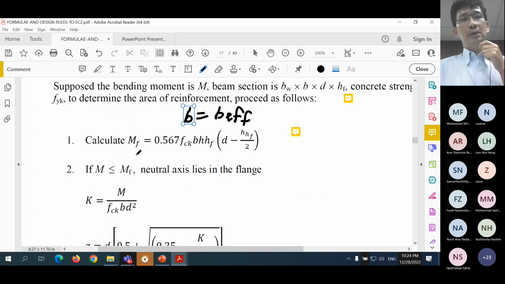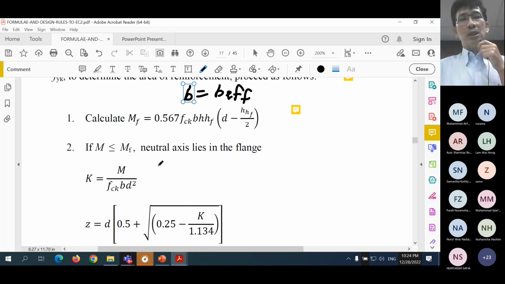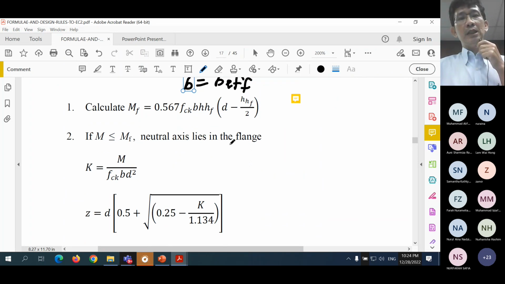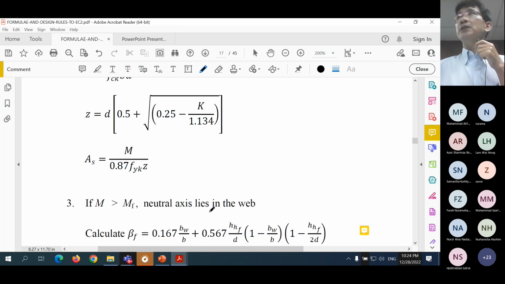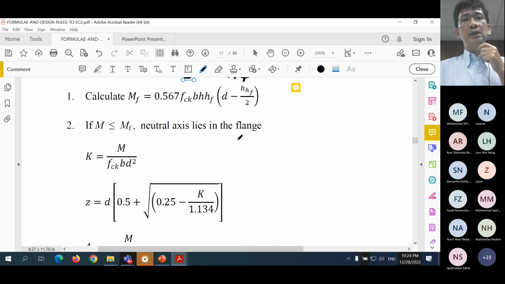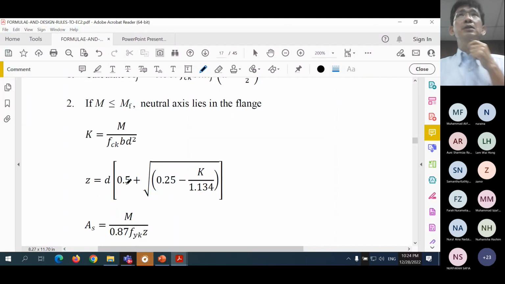Calculate this, then compare this with this to decide whether the neutral axis lies in the flange or in the web. If the neutral axis lies in the flange, the design is very similar to rectangular sections. The B here is not the B in the beam, yeah. The B is the width of the flange here.